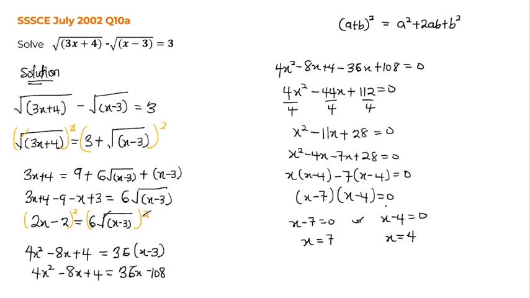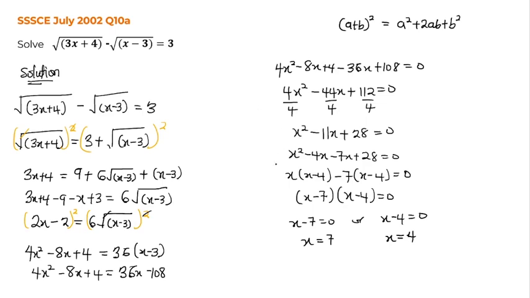Now, what we need to do after this is to verify if substituting the value of x, which is either 7 or 4, will satisfy this equation. Now, if we substitute the value of x is equal to 7 into this equation, we are going to be getting 3 as our answer. So let's quickly do that.